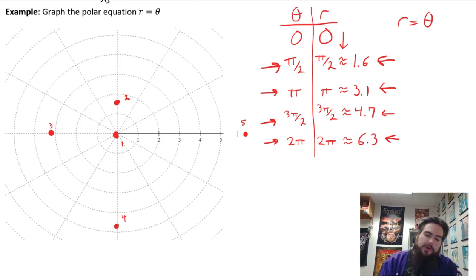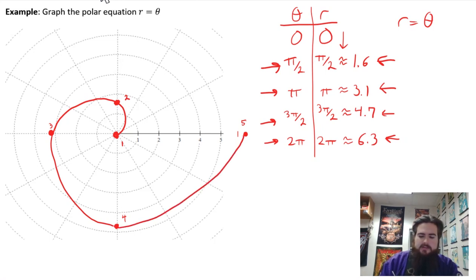Which means that we're going to rotate out from our first point to the second one. And then we're going to continue to rotate out counterclockwise to get to that third point. And then continue to rotate to the next point, and then to the next, and beyond. What we have now graphed is the equation r equals theta, which forms a spiral.